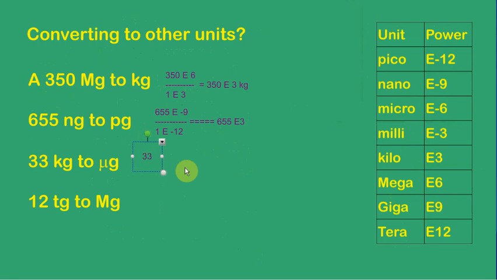Next one then would be 33 kilograms, so 33 E3 for kilo, divided by pico, which is 1E minus 12.